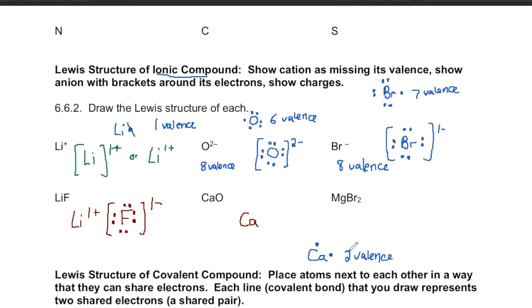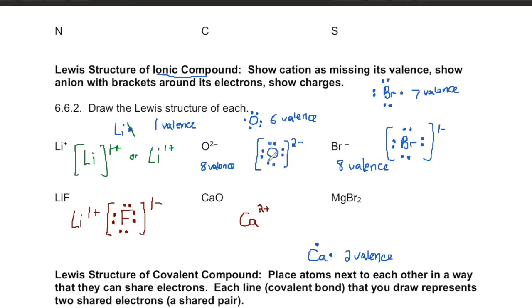Calcium with no charge has 2 valence electrons. It's in that second group of the periodic table, the alkaline earth metals. And so it has 2 valence electrons when it is uncharged. When it forms a +2 ion, it has these 2 missing. So we could just draw it with no dots next to it.